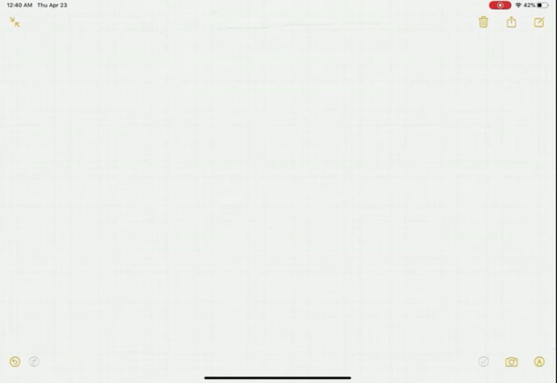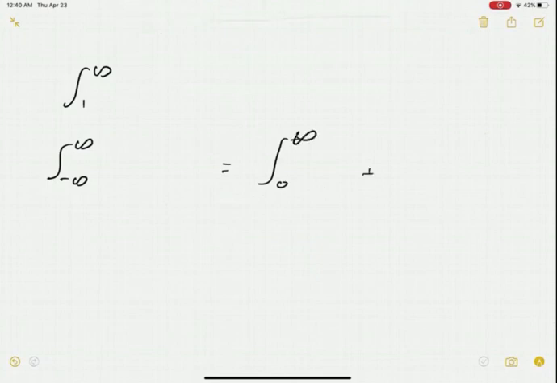As far as improper integrals go, we've seen the simple case of an infinite bound. We also need to know how to deal with negative infinity to infinity. Remember, we're going to have to split this up into two limits. Usually one will be from 0 to infinity, and the other one will be negative infinity to 0.